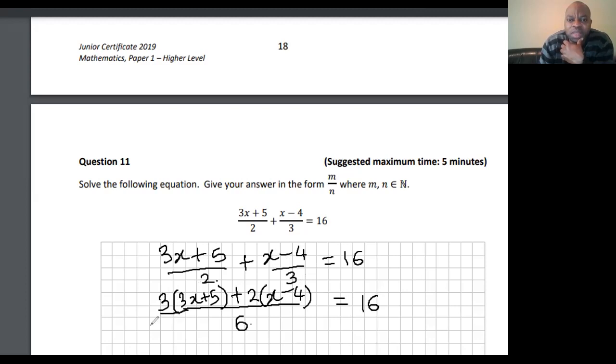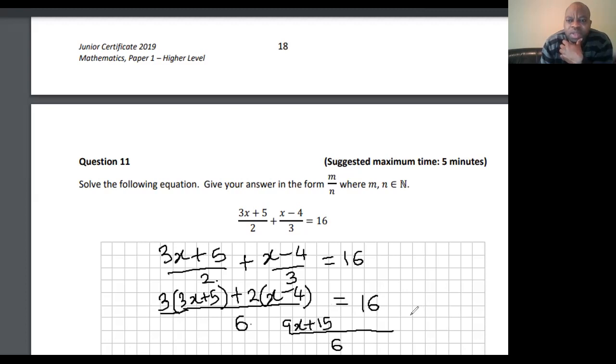3 multiplied by 3x is 9x. The first thing is always draw your line and put the common denominator. So 3 multiplied by 3x is 9x. Then 3 multiplied by 5 is 15.